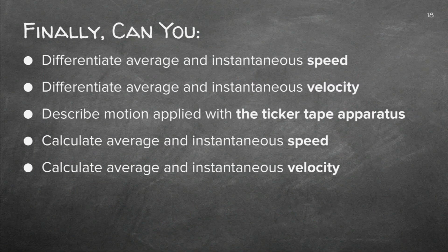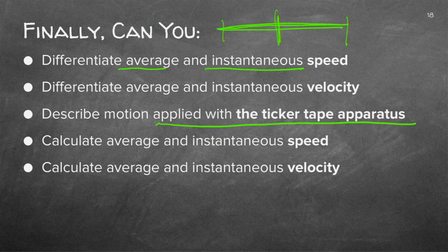Right. In this lesson, you actually did average and instantaneous speed. And in our next lesson we'll get to actual calculations where we are going to say, if I worked out that average, in the middle will be the instantaneous. We also applied the motion in the ticker tape apparatus.